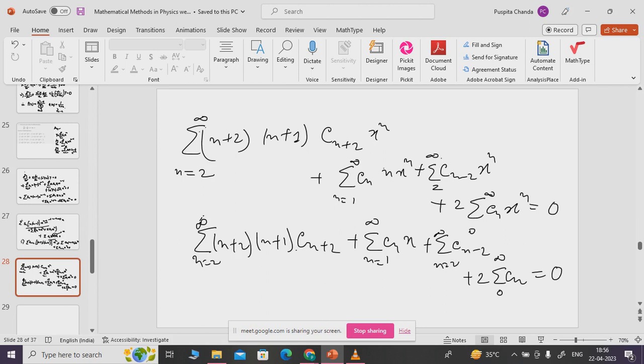Now if we put n equal to 0, or like 1, if we put n equal to 0, so c0, and there will be 2 or 3 c2 plus, no, here n starts from 2.